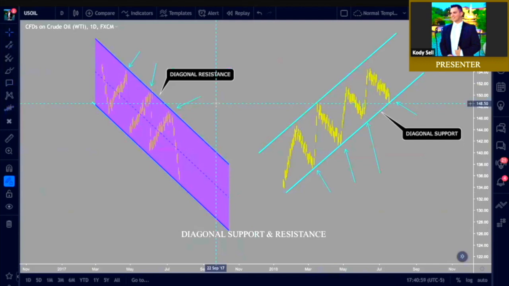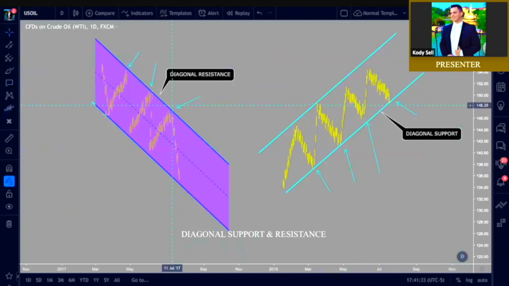They are completely parallel. And then this dotted line that goes through the middle is the 50% line, the halfway point, and that typically acts as a smaller diagonal support and resistance, but it's not really important for the concept in this video. What's important is that you understand the boundaries that make up a channel. They're just parallel trend lines that act as support and resistance.